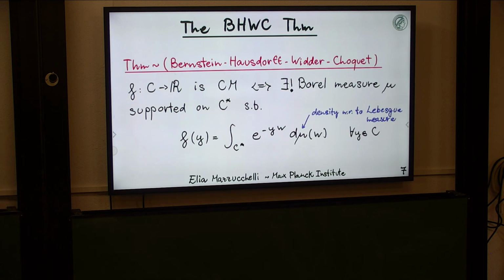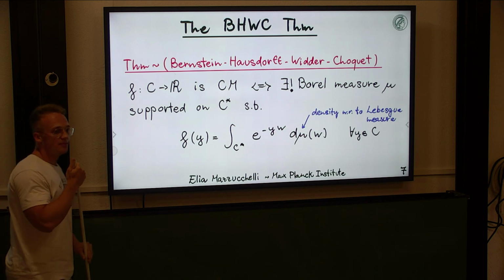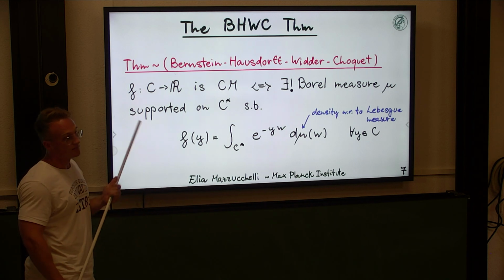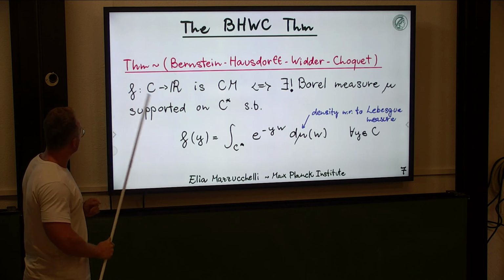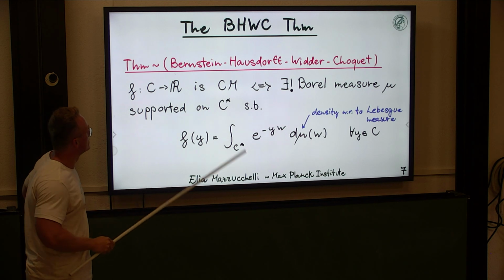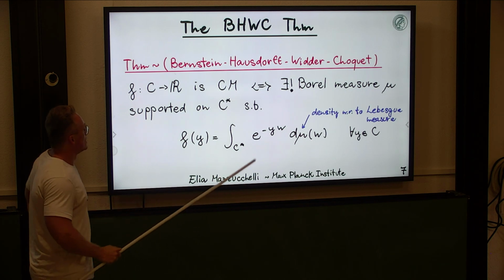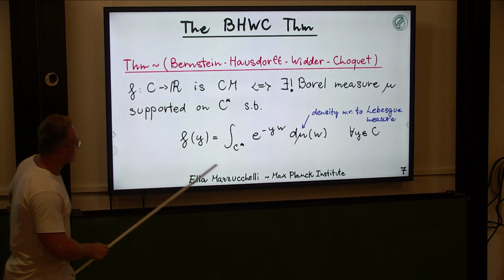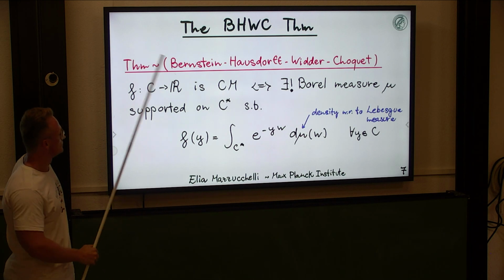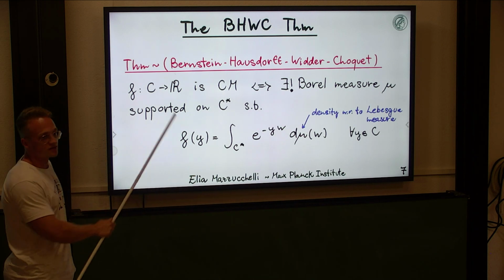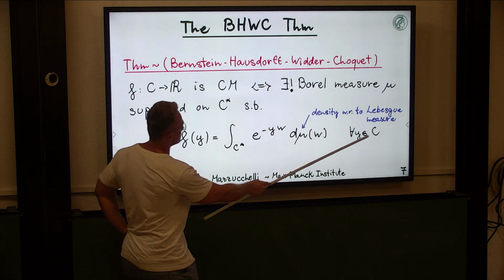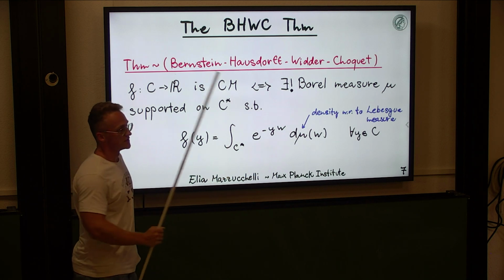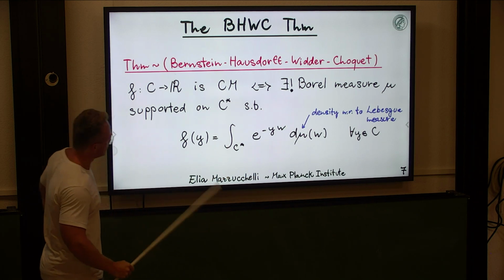And this property is connected to this dual volume picture by a theorem due to Bernstein, Hausdorff, Widder, and Choquet that states the following. A function defined on an open cone is completely monotone if and only if there exists some Borel measure mu supported on the dual cone, such that we have a Laplace integral representation for f for every point inside the cone C, as the Laplace transform of the measure mu supported on the dual cone.